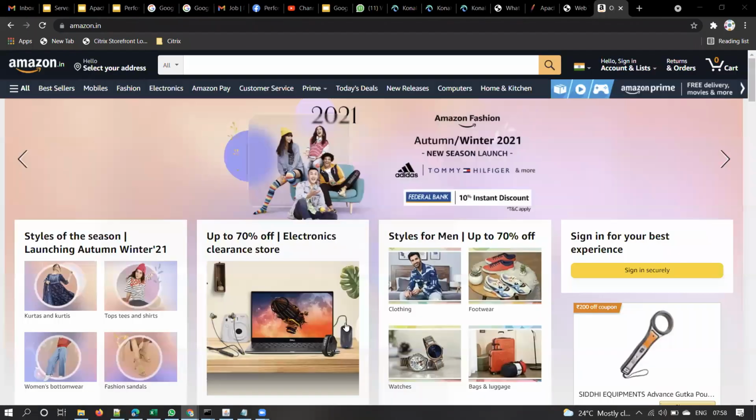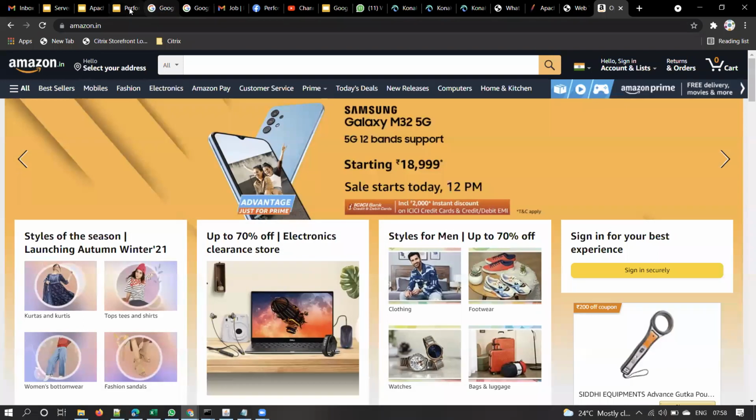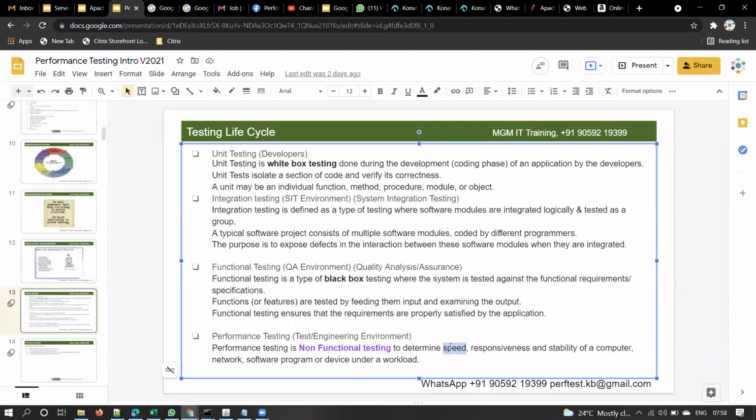So we are discussing this. What is this speed? What does this speed correspond to? The main objective of doing performance testing is to determine how fast the page is. What is the response time of any page? Is it clear what is speed here in this case?